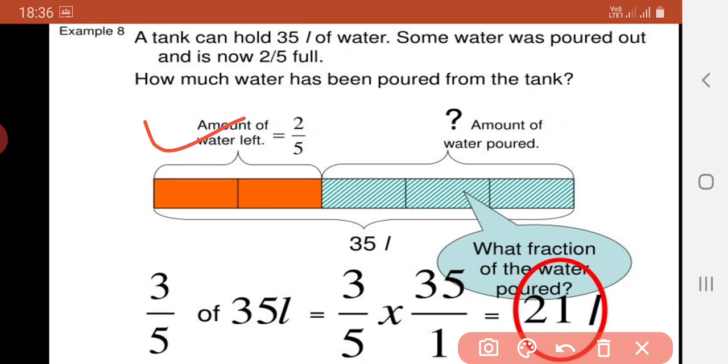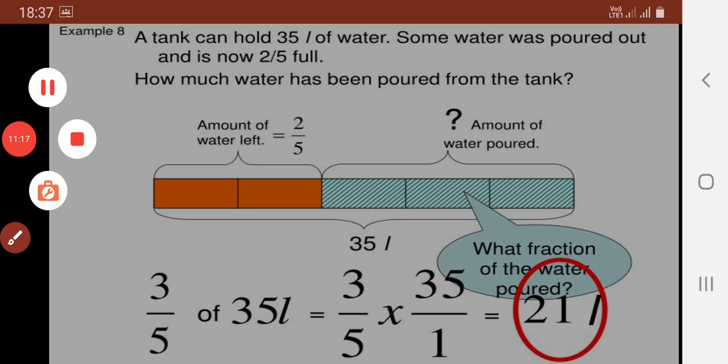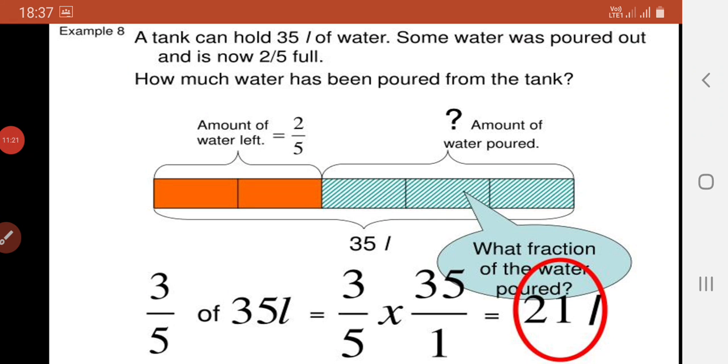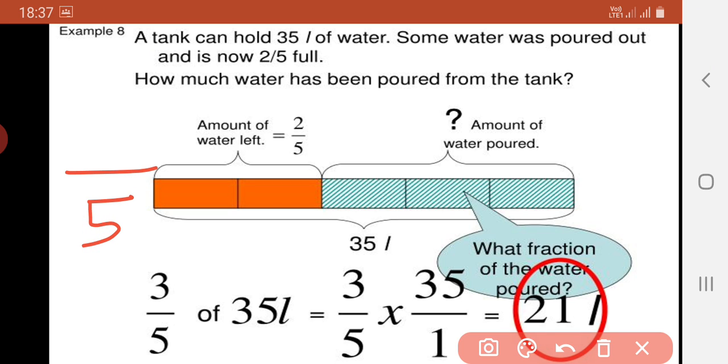The amount of water poured will be the total parts, which are 5, and here 2 parts are remaining, so we can easily find that 3 parts out of 5 of the water is poured.